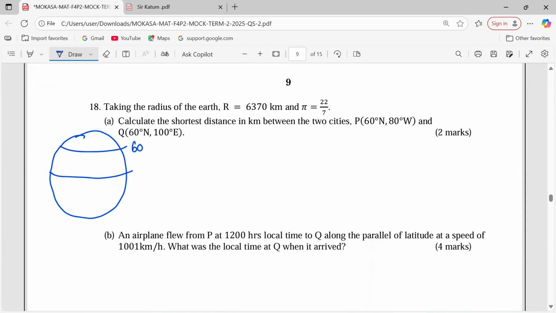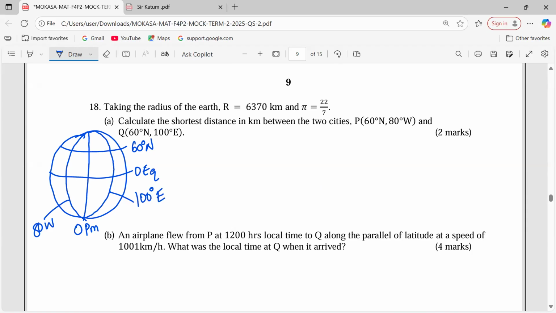This is 60 in the north. Then we have 80 in the west, or we can start by 0 degrees prime meridian, 0 degrees equator. So at 60 north, we have 80 in the west and 100 in the east.